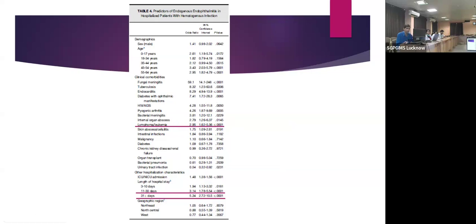These are the factors for endogenous endophthalmitis. We are talking about this for 1 hour. And these are statistically significantly associated with the onset of it. But all other factors are not. The only thing, the longer the duration of the disease, the longer the hospital stay, is significantly associated with the onset of endophthalmitis.